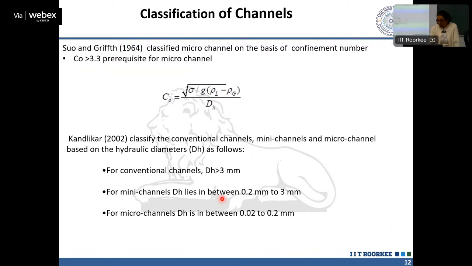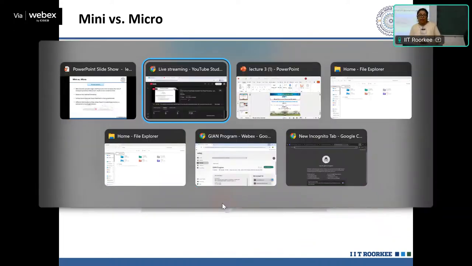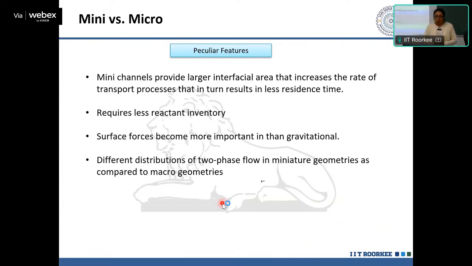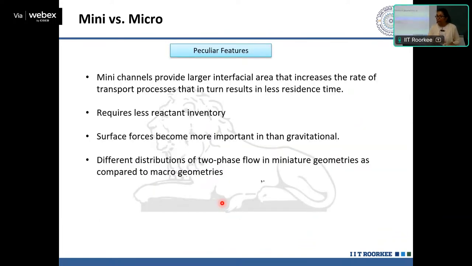Okay, so now let us see. This is almost the same thing that we have discussed till now, but what to expect? Surely the forces are different in mini channels. The main question is whether the distributions we have discussed till now, which we have seen are affected by so many things, in macro channels are affected by orientation, physical properties, and volumetric flow rate combination.